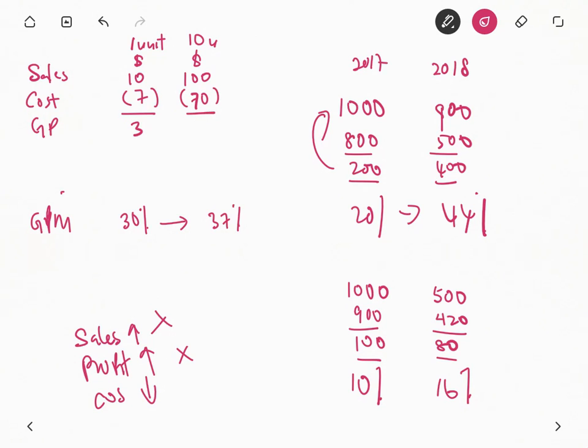Unchanged selling price, unchanged cost, my profit increases. What happened to my margin? Same. My margin is the same. Can you see? Has my profit increased? Yes. Has my sales increased? Cost increased? Yes. So the quantity here will not affect our margin.